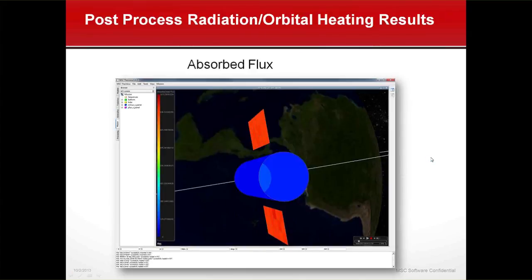We set up all of that, and then we can do some post-processing of the radiation and orbital heating results, such as absorbed flux, and we can produce animation and actually produce movies, even HD movies, widescreen movies, in MPEG-4 format. So you can make nice things looking at your results, movies for presentations.